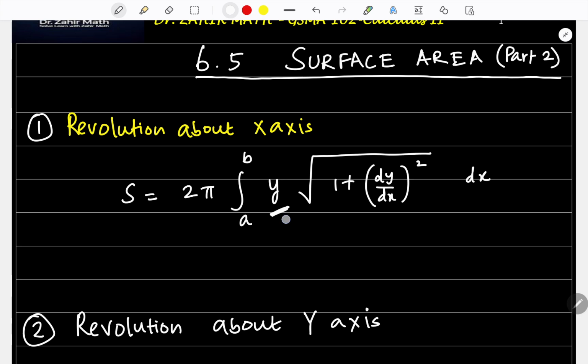This y will be given in the question; y is nothing but your f of x.